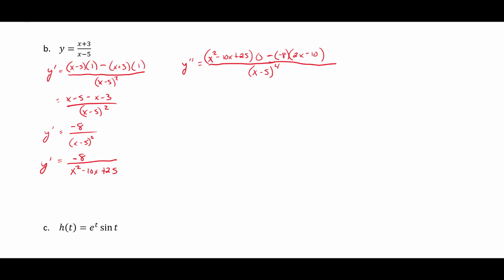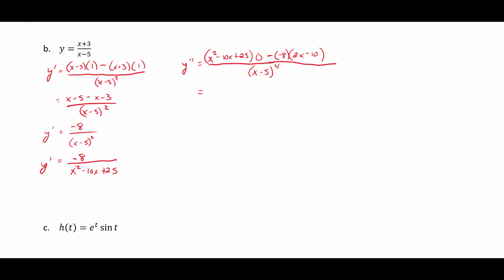So really, this is just x minus 5 squared, and anything that's squared twice is just to the fourth power, using our exponent properties. That's a nice little trick, it just saves me from having to write all that out again. And especially when we're going to try to simplify this, you're going to have to factor it back out anyways. So why not go ahead and save some time?